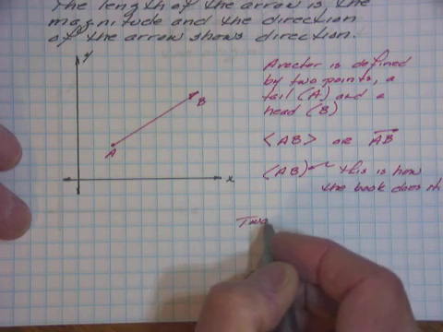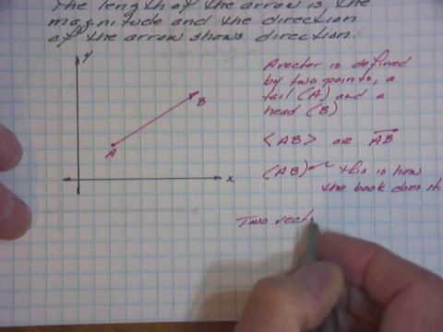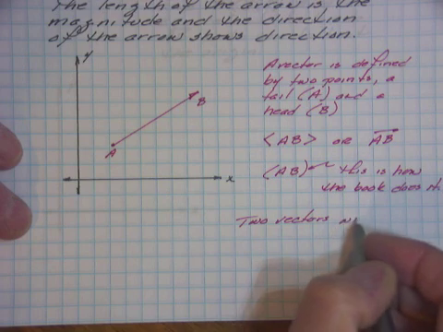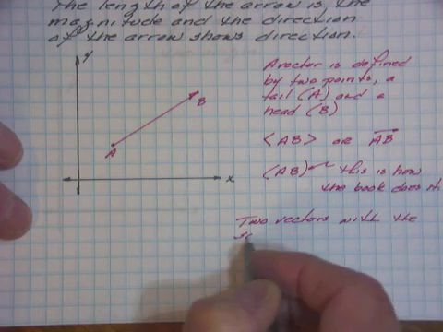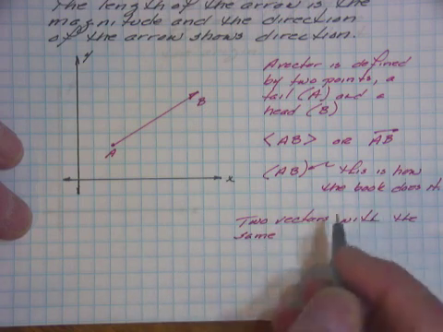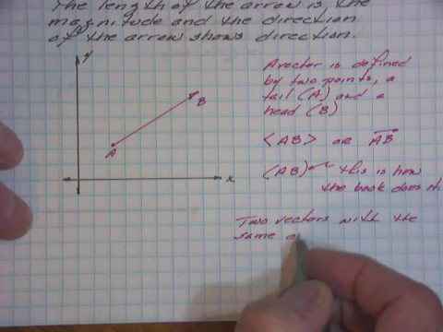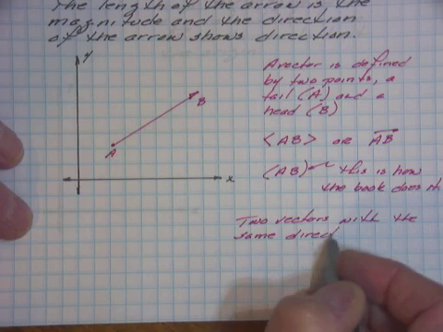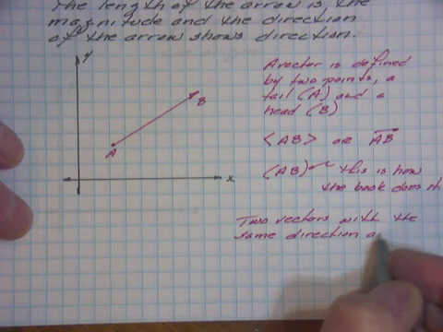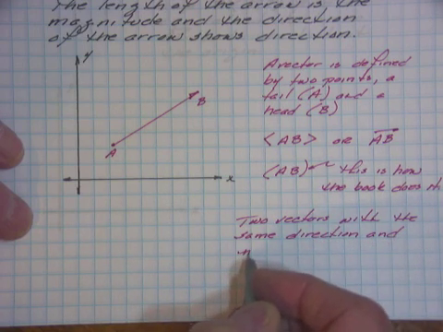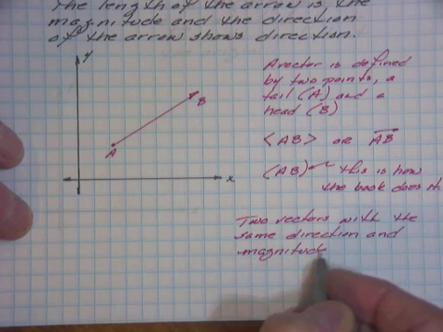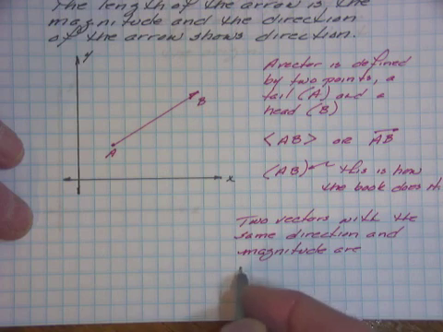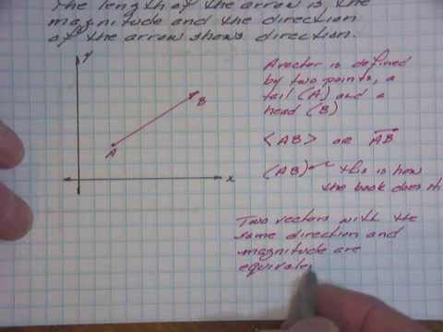Now, your first concept to remember: two vectors with the same direction and magnitude are equivalent.